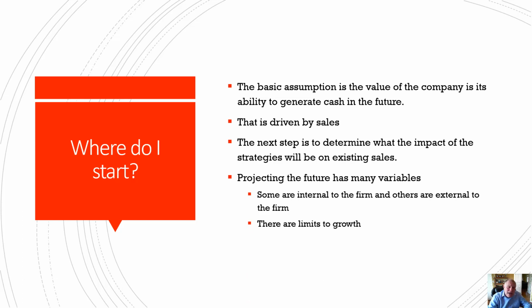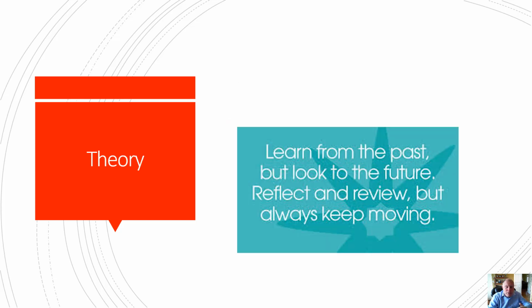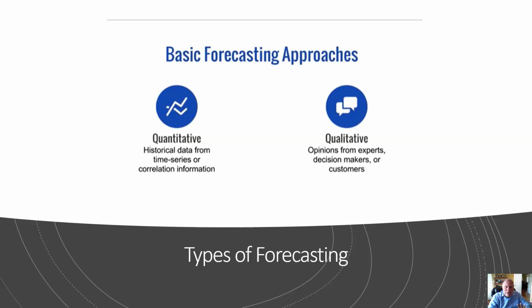And oftentimes there are limits to growth, meaning there are things that are limiting what the company can do, whether that be market size, capital, plant capacity, demand, etc. Now, the basic theory of this is to learn from the past, but to look to the future. Reflect and review, but always keep moving forward.